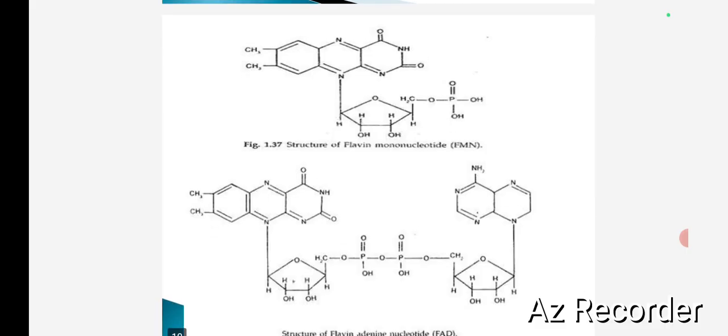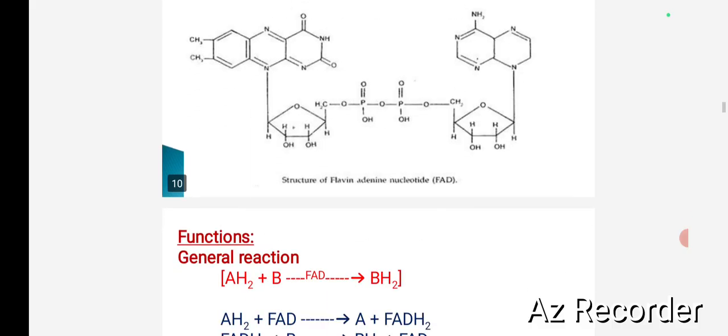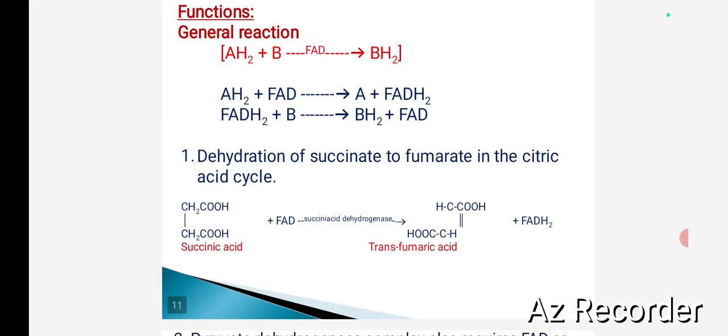This is the structure of FMN, FAD. First one is flavin mononucleotide, second one is flavin adenine dinucleotide. Functions of FMN as well as FAD.